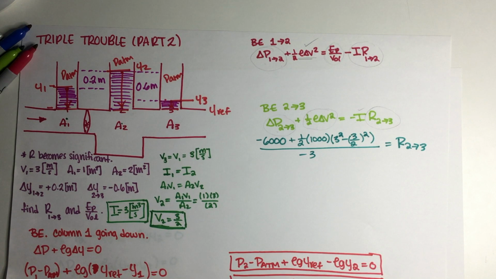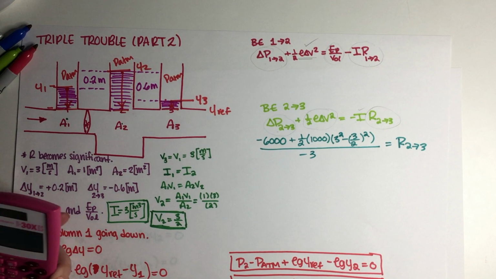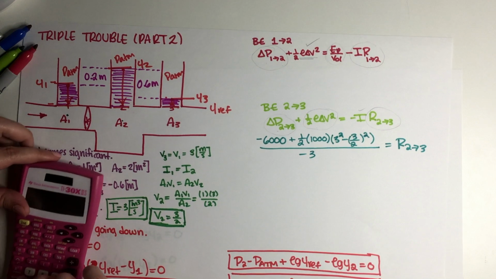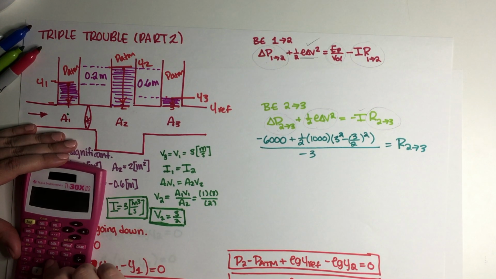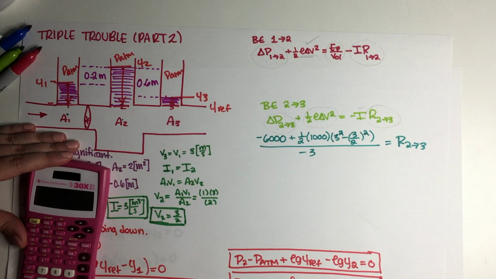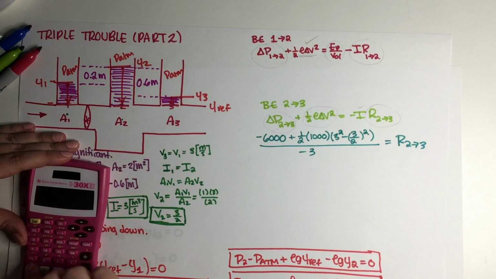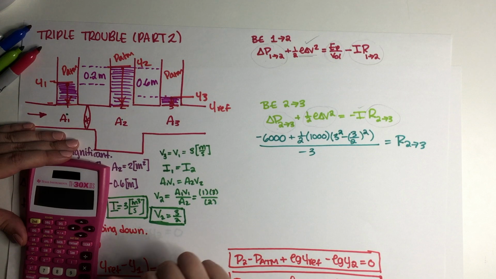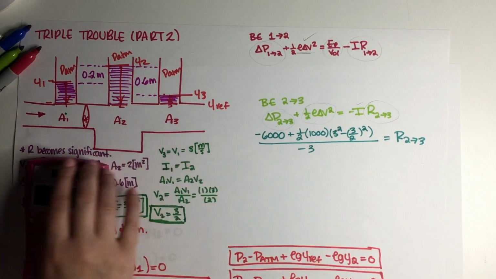Let's see. So negative 6,000 plus 1/2 times 1,000 times 3 squared minus 3/2 squared, like this, and then divide by negative 3. That gives 875.